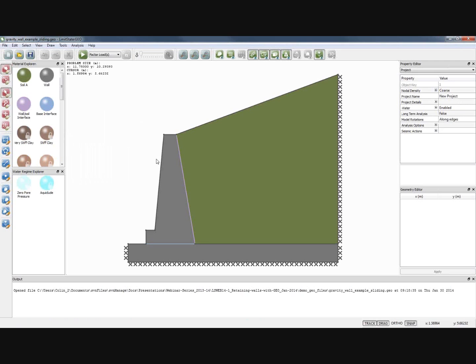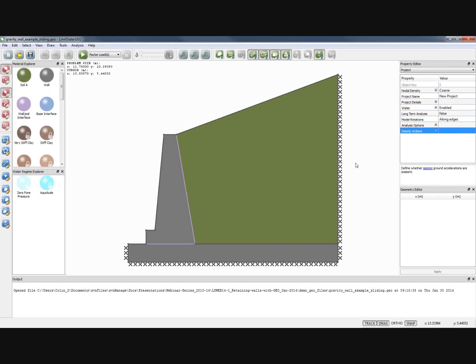So just to look at the layout of the software, we have a set of buttons on the left which primarily control how we can draw or modify the geometry. Along the top we have buttons controlling the solution and the display. Key on the right hand side is this property editor, which gives us the properties of anything we click on.